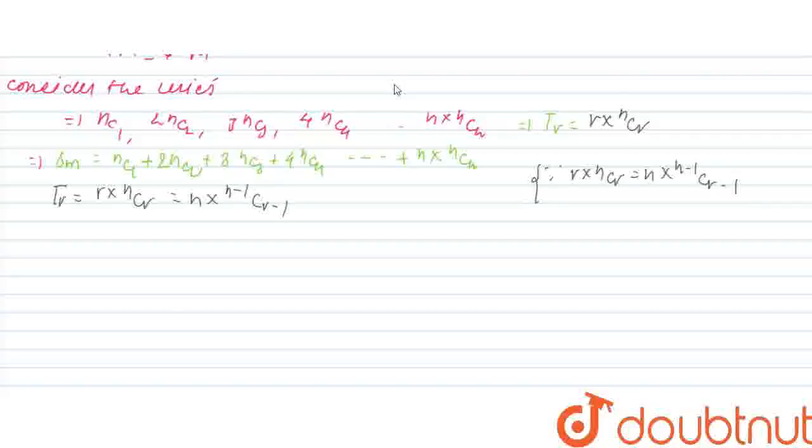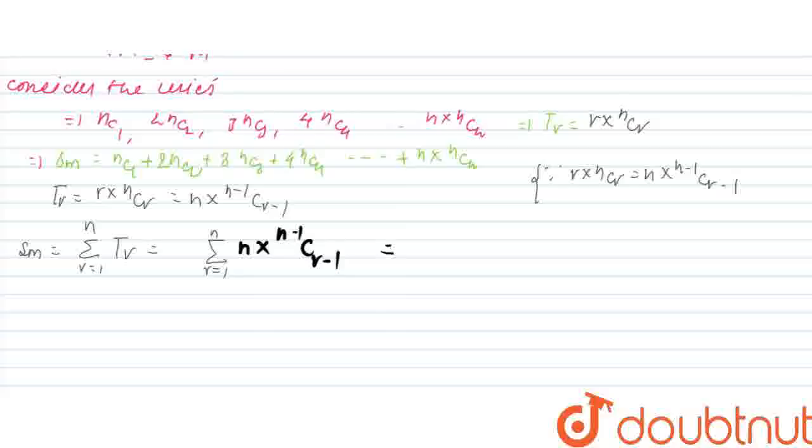Now I have to find the summation of this series, meaning the summation of r equals 1 to n of t_r. In place of t_r I can write n into (n minus 1)C(r minus 1), isn't it?